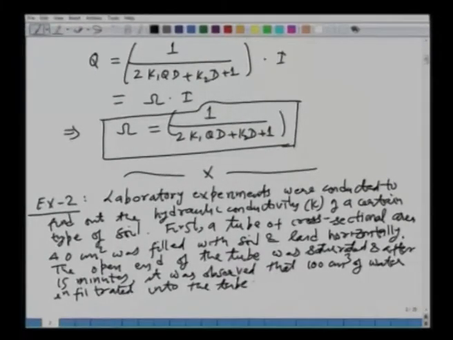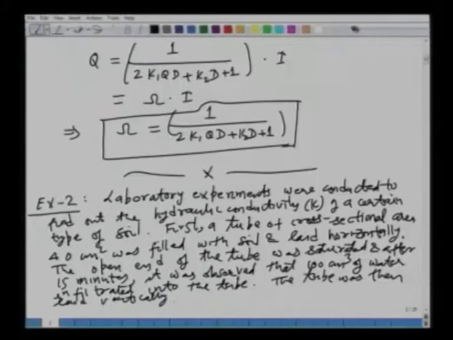I am sure some of you may be getting the idea already how we are going to solve this problem. If not, we will see in a minute. The tube was then laid vertically, and the upper end was saturated.